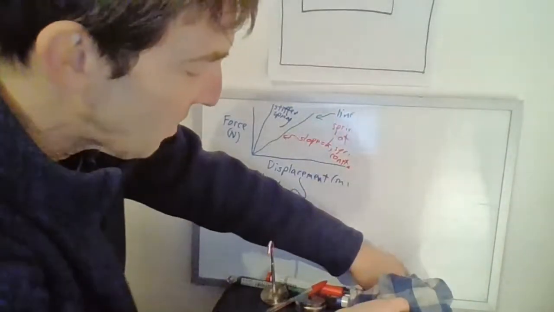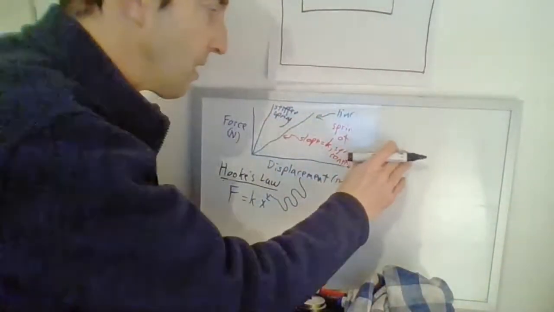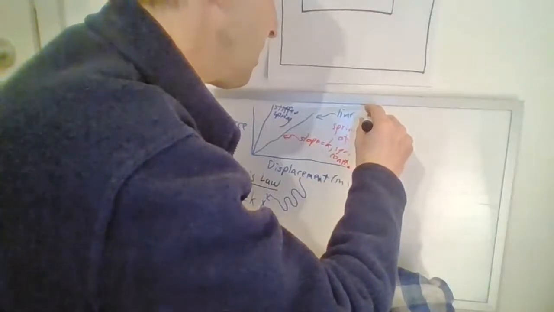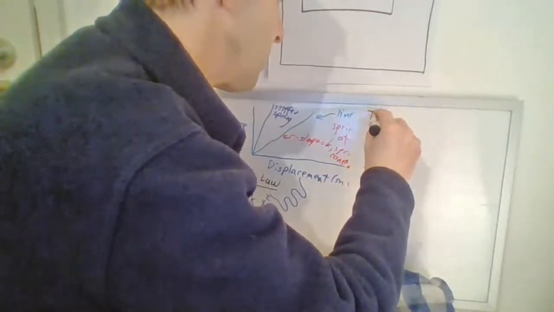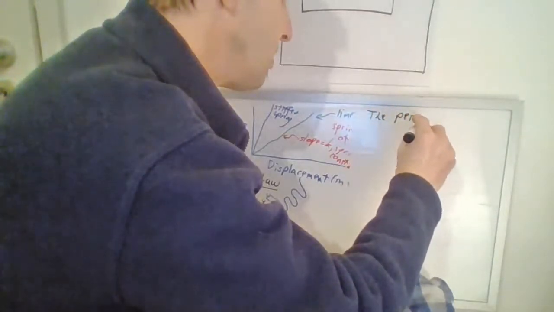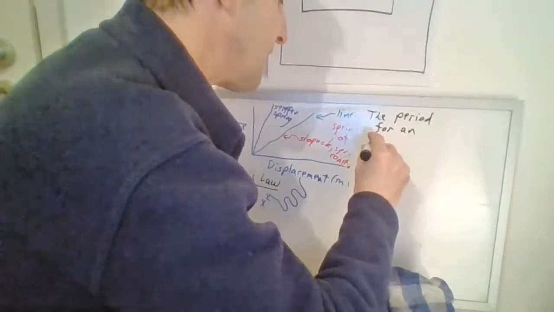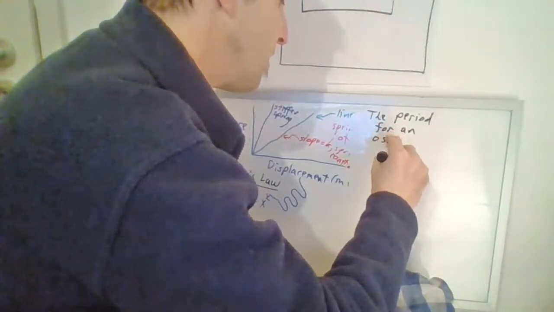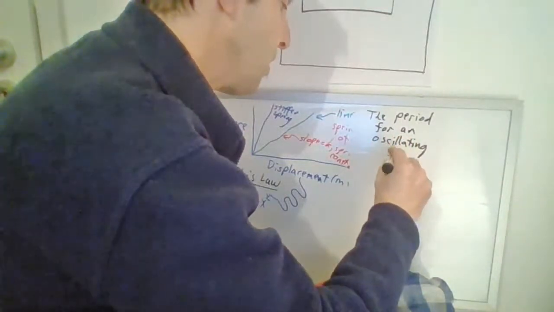If I make the spring start to oscillate, to go up and down, here's an equation for that. I want the period for an oscillating spring.